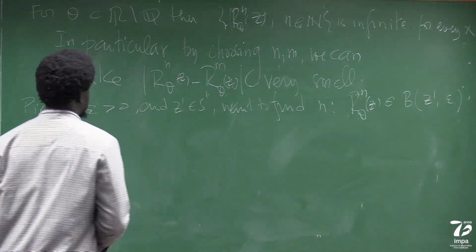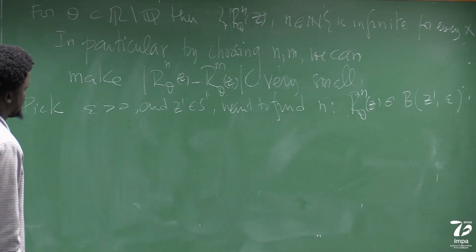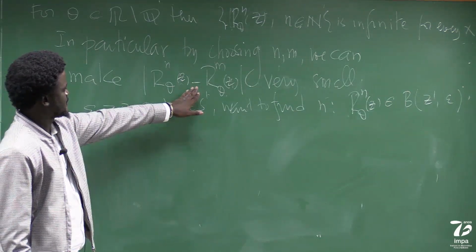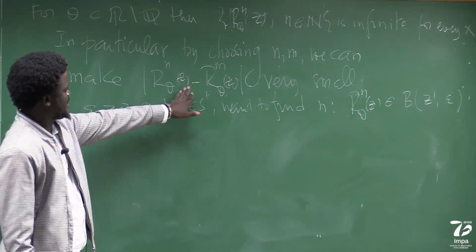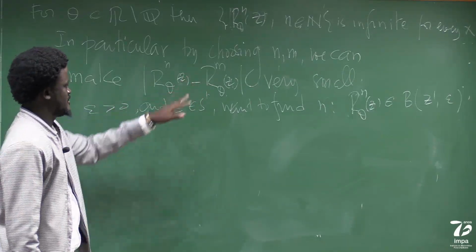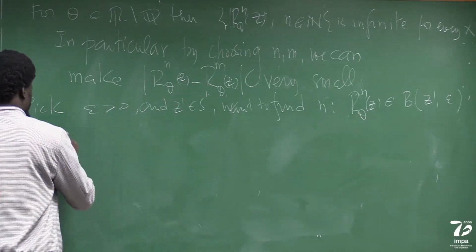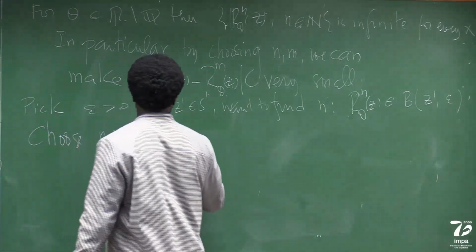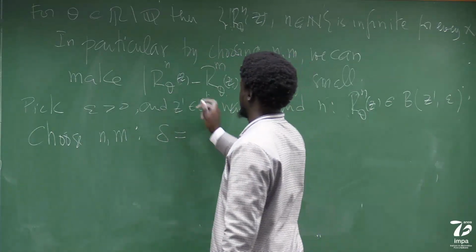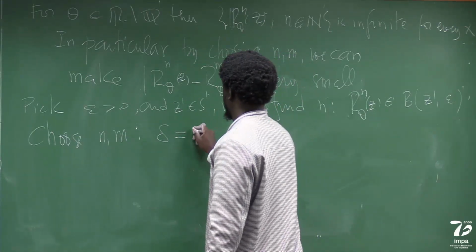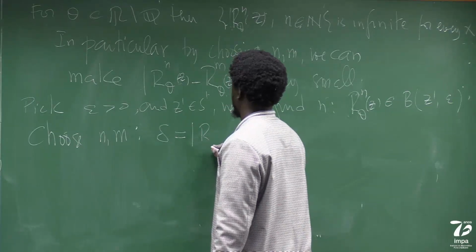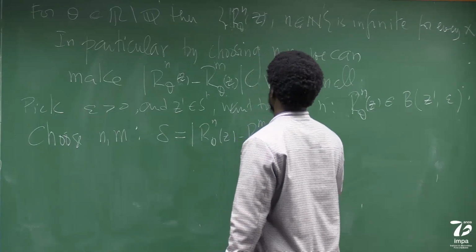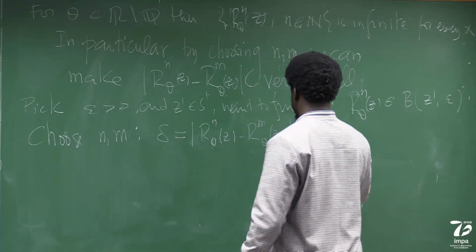Now, for R_theta, this quantity I can make small, so choose n, m such that delta, which is the distance between R_theta^n z and R_theta^m z, is strictly less than epsilon.